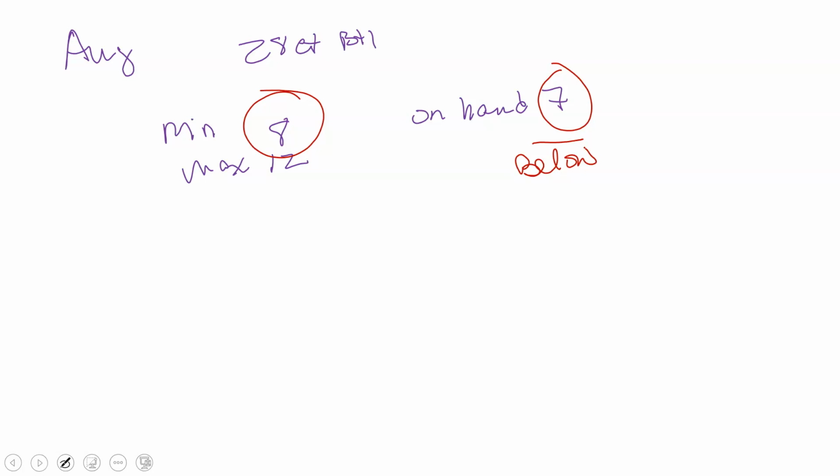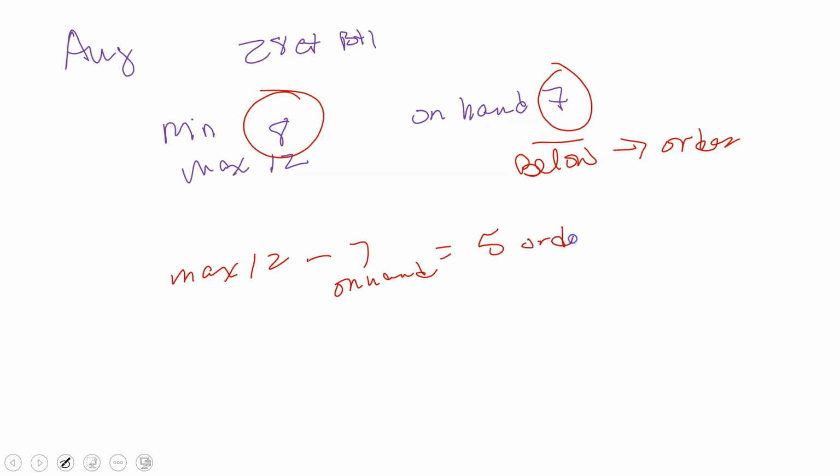Okay? If we're gonna place an order, we're gonna take it to the max. So exactly, we need to order. So our max being 12, on hand is 7. Our order is going to be 5.